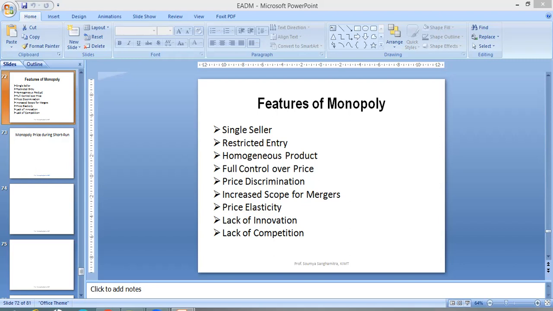And next point is increased scope for mergers. Scope for vertical or horizontal mergers increases in lieu of the control exhibited by a single entity under a monopoly market, and the merger reduces competition and maintains the supply chain management.